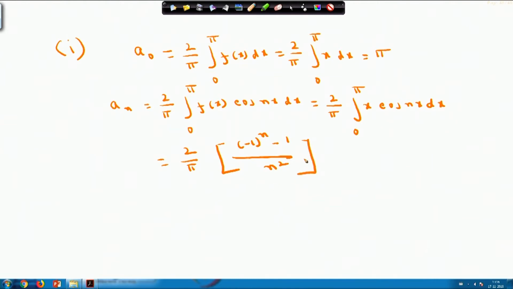So, if n is even, the value will be 0. If n is odd, let us see. Your an will be, if it is odd, minus 2, so it will be minus 4 by pi n square whenever n is odd, and the value will be 0 whenever n is even. So, I obtained the value of an as minus 4 by pi n square when n is odd, and it is 0 whenever n is even.